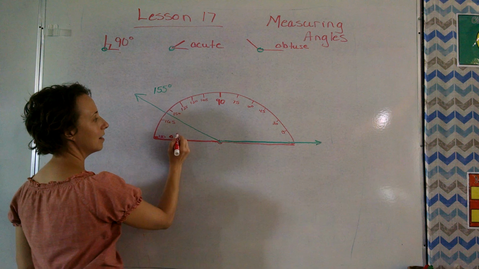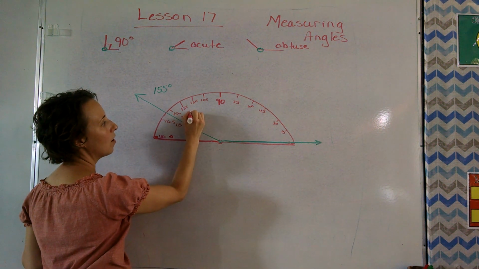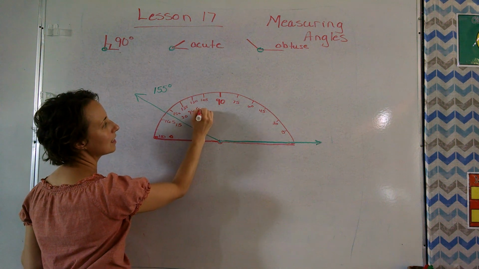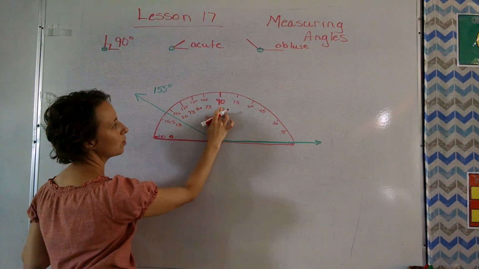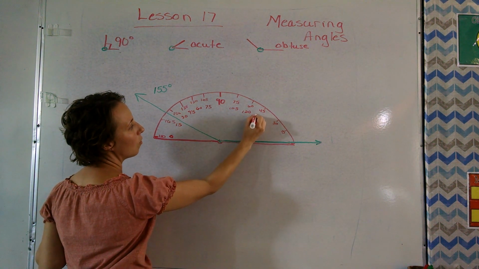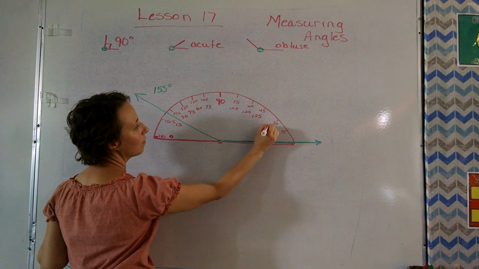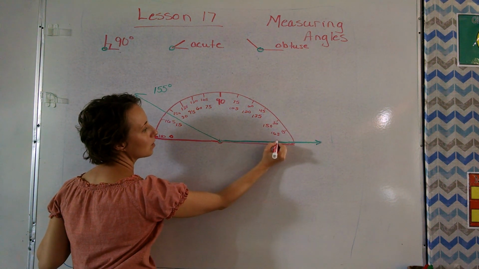It's an inner line. 0, 15, 30, 45, 60, 75, still 90, no matter which way you count, 105, 120, 135, 150, 165, and then back to 180.